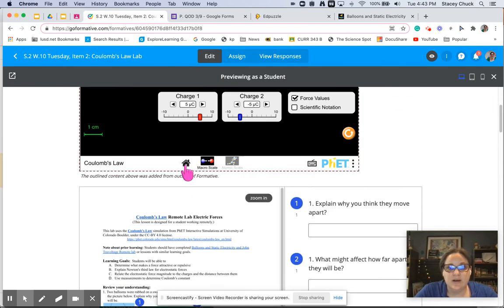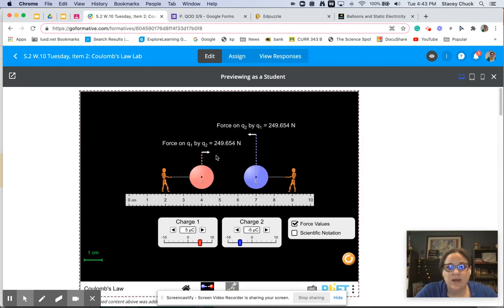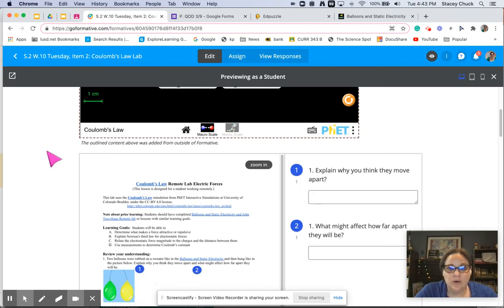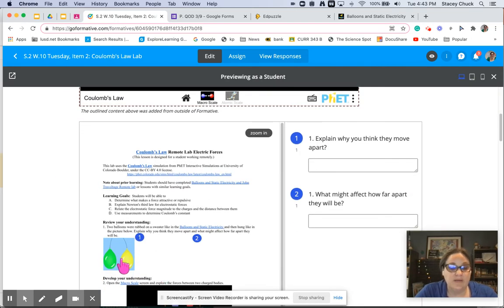Now, based on up here, when they're both red or positive, or when they're both blue or negative, they were repelled. The arrows point away from each other. So if the 2 balloons push away from each other, we know that they must have the same charge.